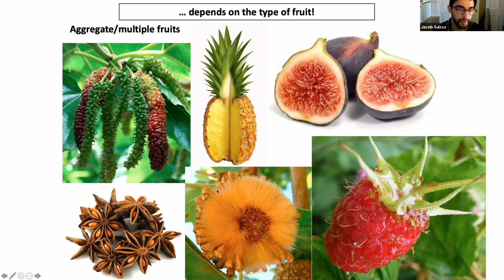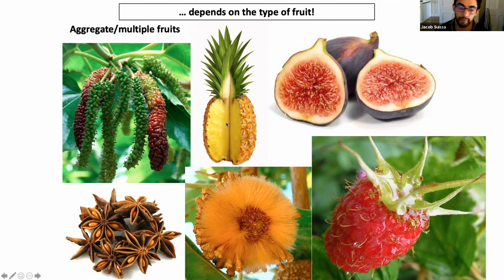It's really interesting. So then multiple fruits, like I said, are the formation of one fruit from multiple flowers. So this happens in this pineapple. Each of these little hexagonal pieces in the pineapple was actually one flower. And there's a stalk that runs through it that holds up all the flowers.